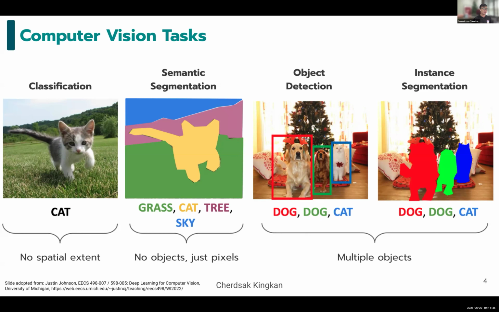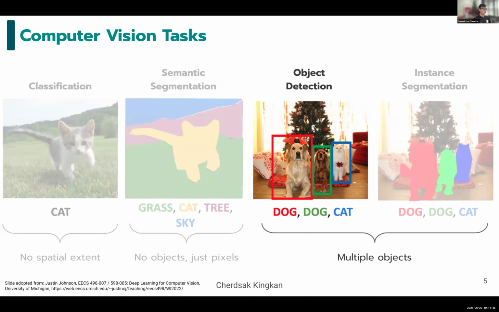These are the tasks where we are interested in detecting multiple objects within the image. Today we are going to first discuss the object detection task. That is, we are interested in detecting not only the objects, but where they are in the image.